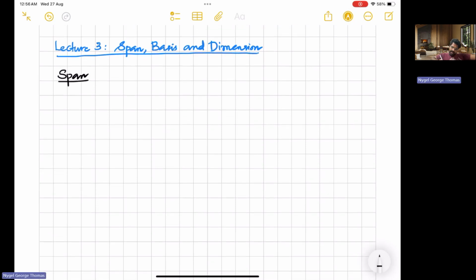Span. Let me write this as a definition first, then we'll look at the mathematical definition.